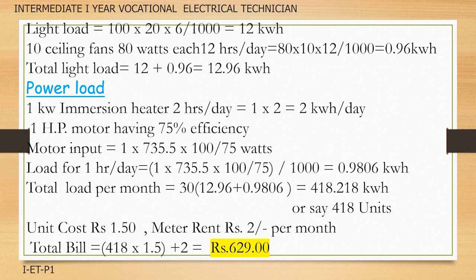Then total load per month is equal to 30 into 12.96 plus 0.9806, which is 418.218 kWh or 418 units. Unit cost is 1.5. Meter rent is 2 rupees. Then the total bill is equal to 418 into 1.5 plus 2, that equals 629 rupees.